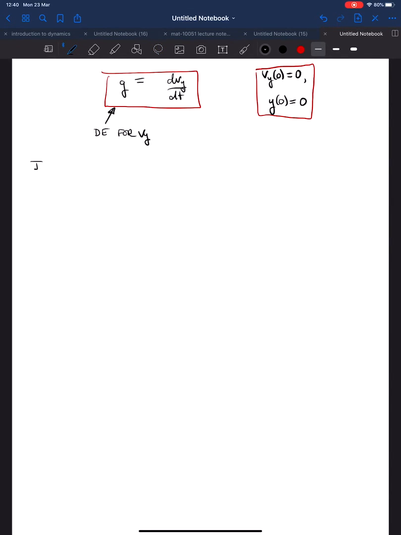So integrating as usual with respect to t, if we integrate our differential equation with respect to t, we have gt plus a constant c.